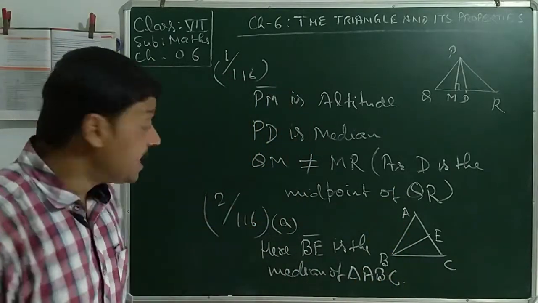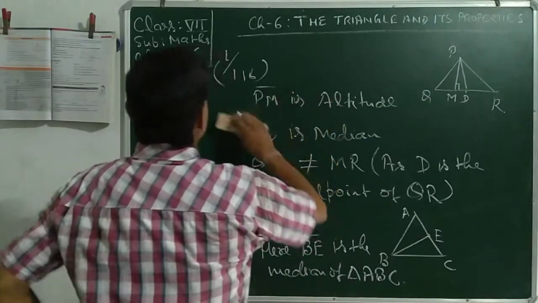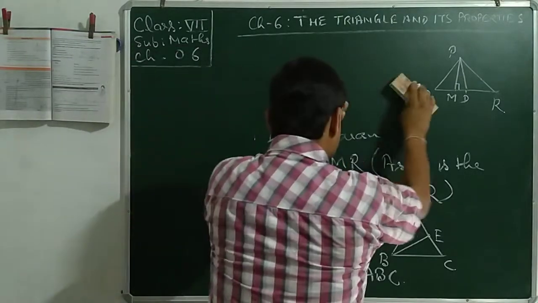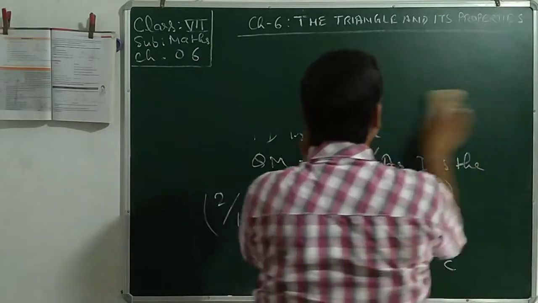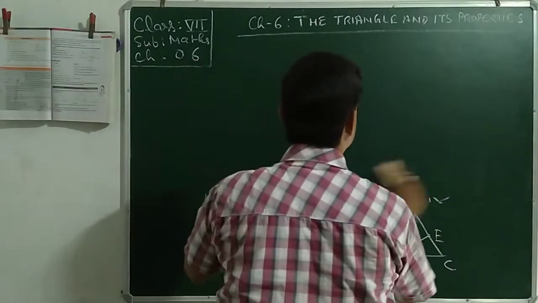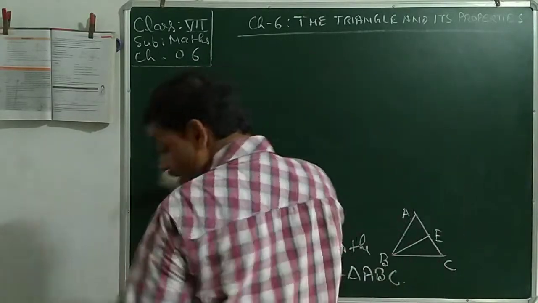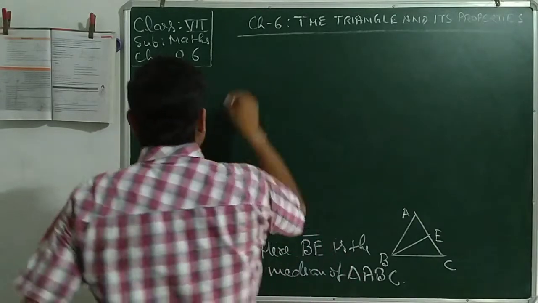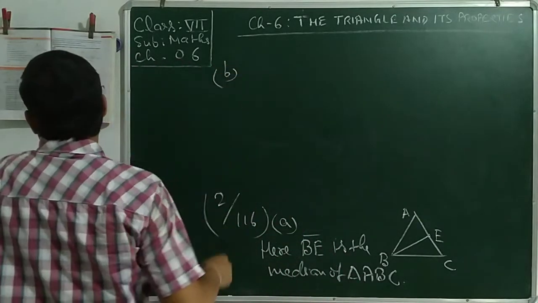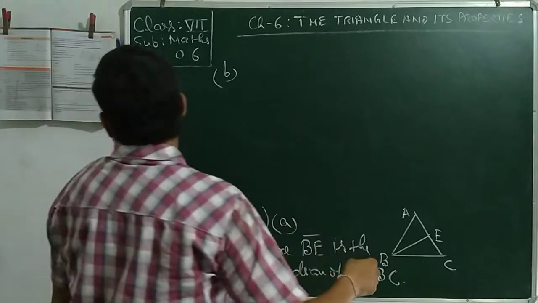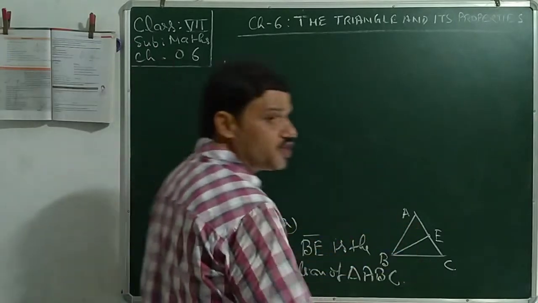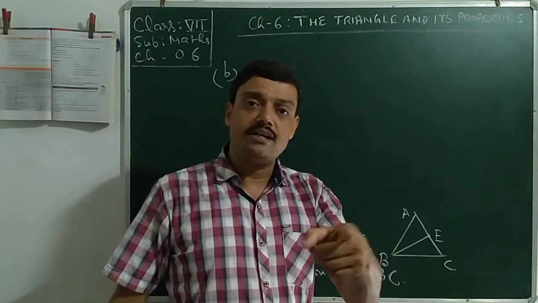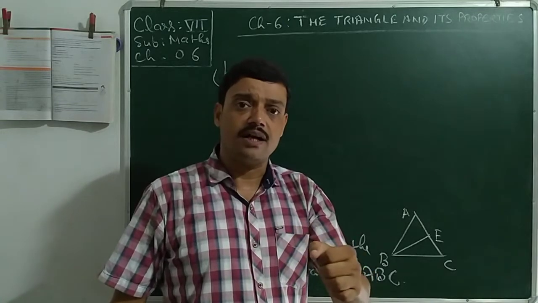Come to the second and third part of the second sum. See, the B number part of the 2 number sum is: in triangle PQR, PQ and PR are altitudes. Right now I had described the right angle triangle.